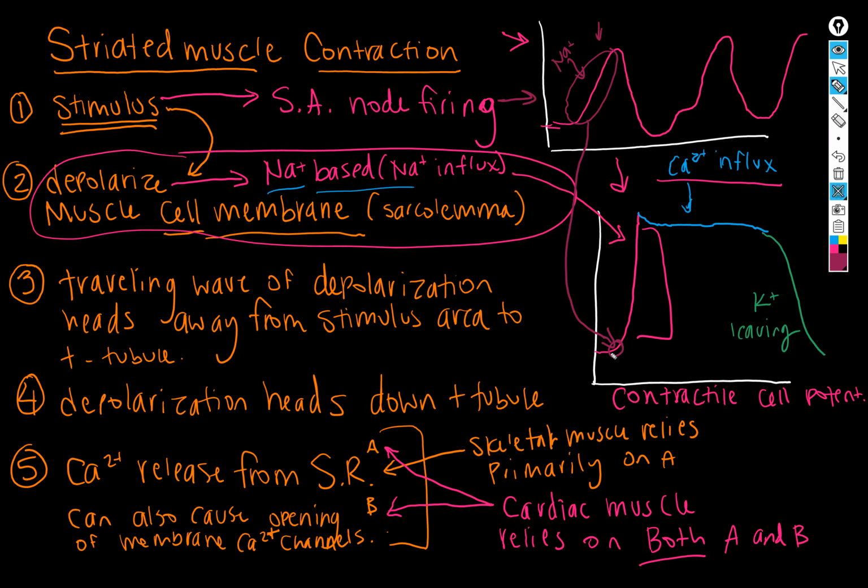Because that's what allows the neighboring depolarization of other cells, right, to send the impulse through. Exactly. So that's how the pacemaker cells are able to excite the contractile cells, and that's how one patch of contractile cells is able to excite the neighboring patch. This only works because of gap junctions.